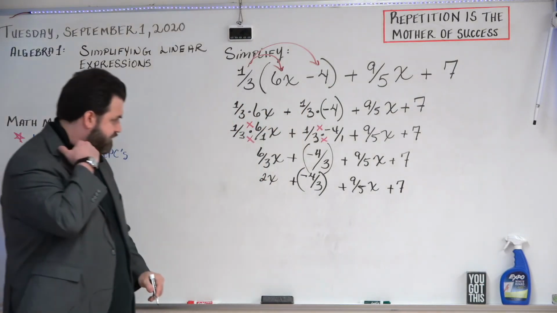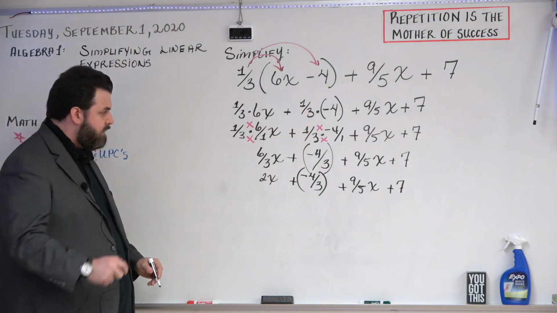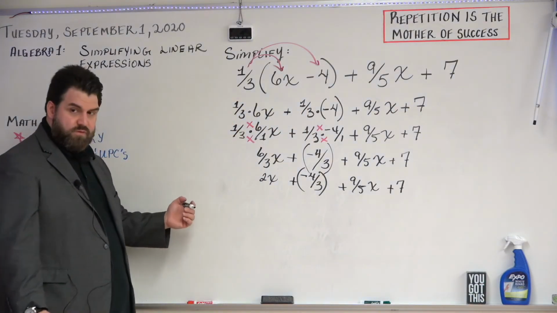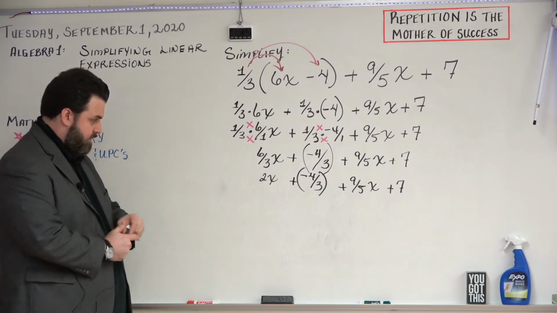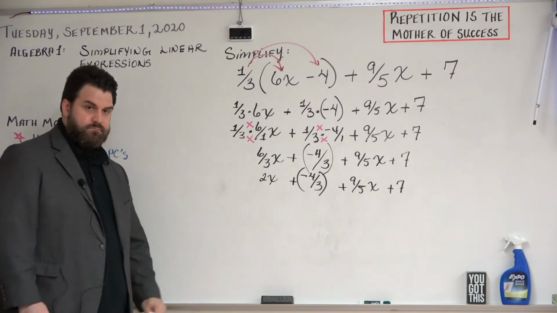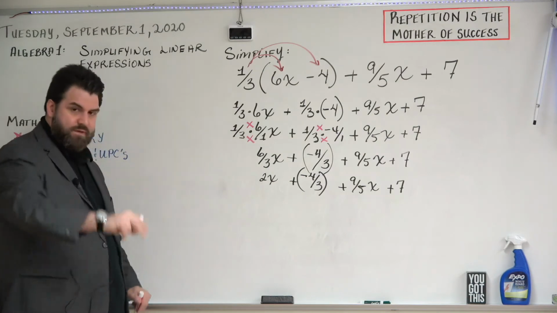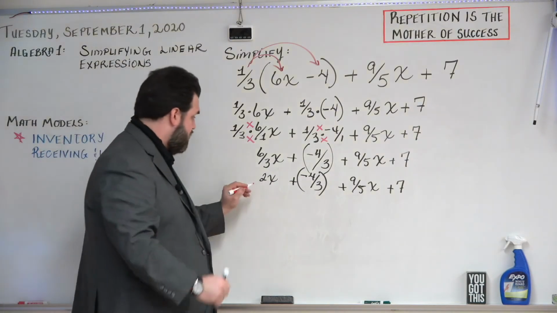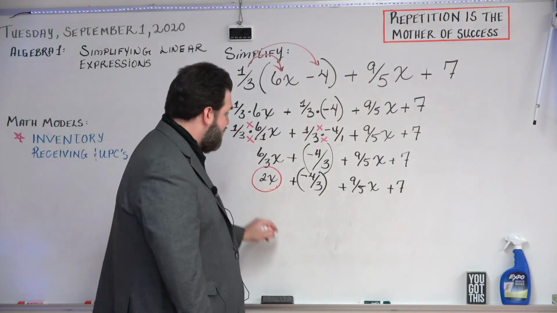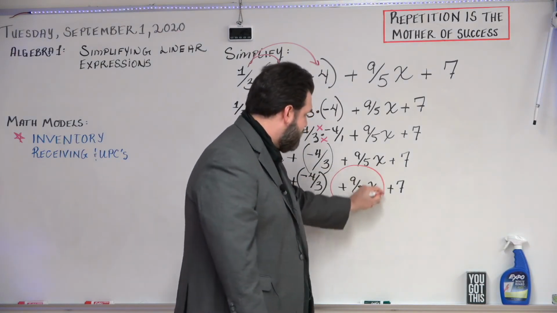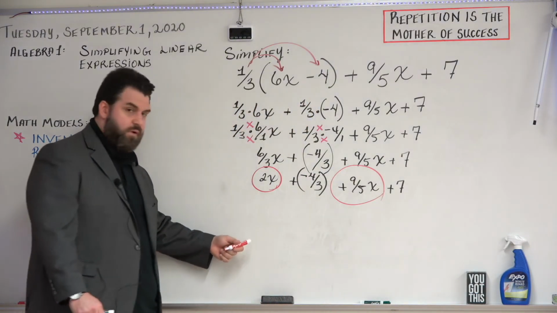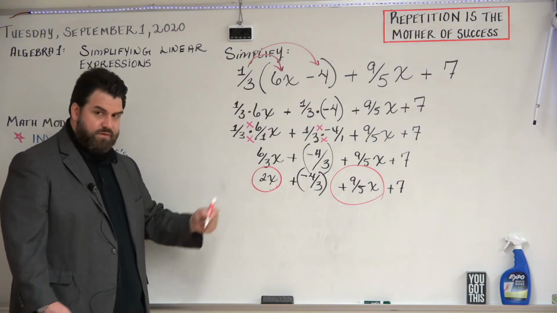Okay. Do we have any like terms? We have two pairs of like terms. We've got the 2x, and that's like the positive 9/5 x, because they are both examples of a variable with a leading coefficient.